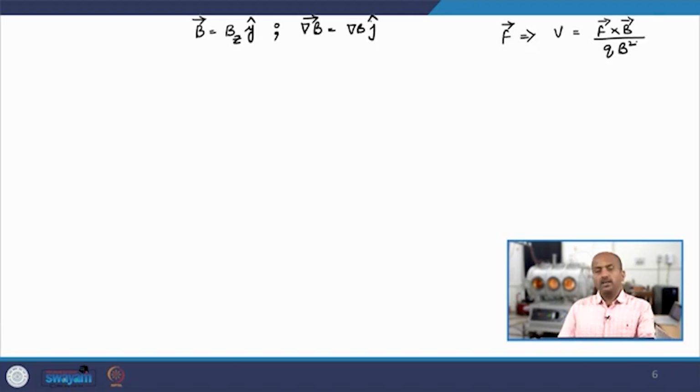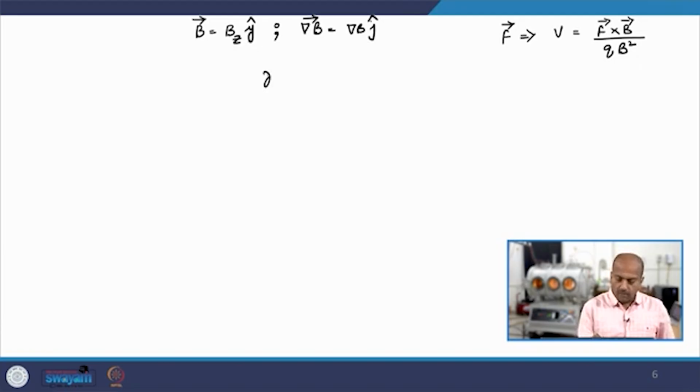So, if the particle is acted upon by a generalized force, which can be anything, the resulting drift that the particle will experience is given by this expression. Now, since we have considered a non-uniform magnetic field, we will make an approximation which is suitable to make it convenient for the mathematical derivation.